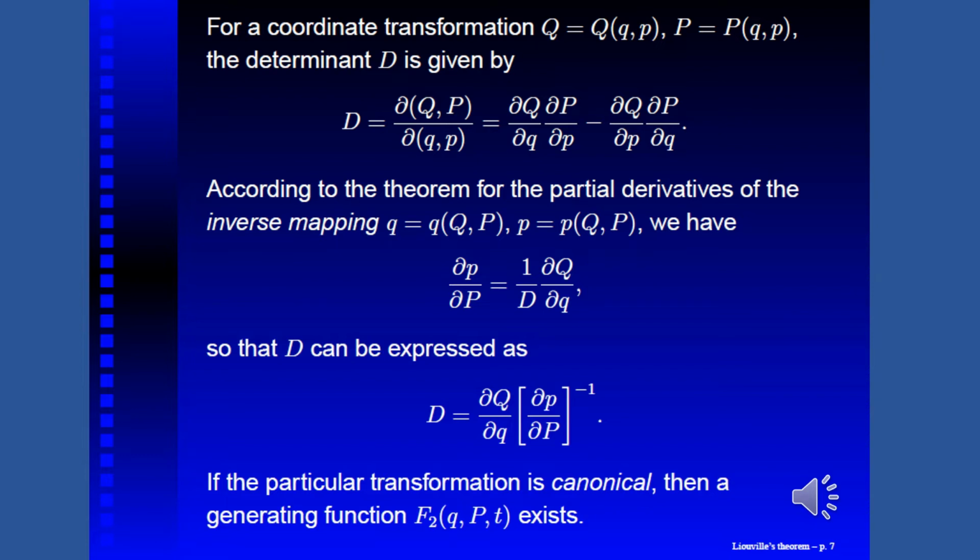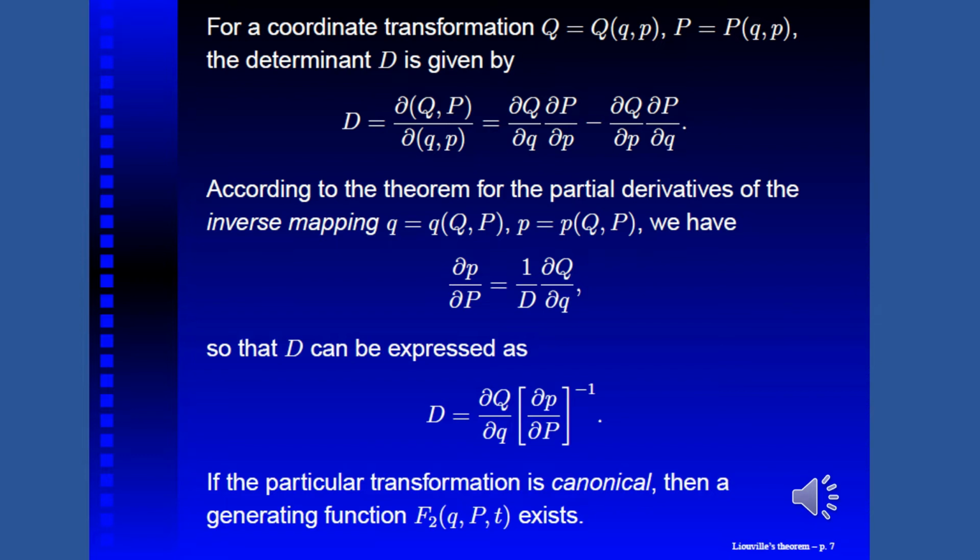The determinant capital D is given by partial (Q, P) over partial (q, p), which is equal to partial Q over partial q into partial P over partial p minus partial Q over partial p into partial P over partial q.